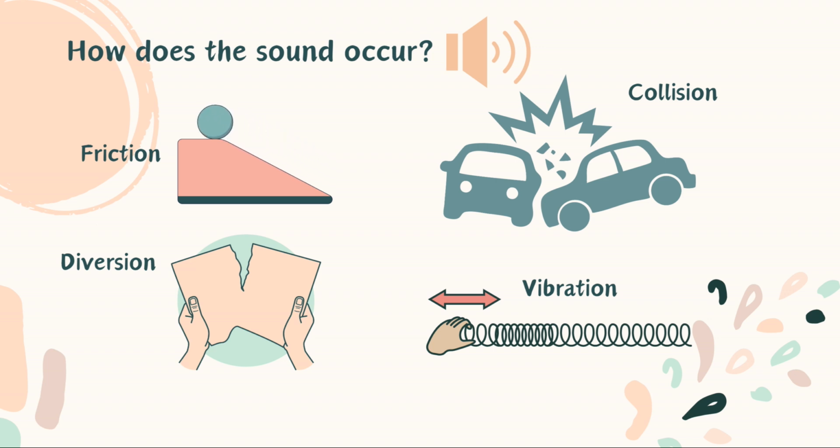They did not collide, but they were separated from each other, and this also causes a sound. And also collision, two cars bumping into each other, whatever, two metals colliding together, this makes a sound. And also the vibration itself.